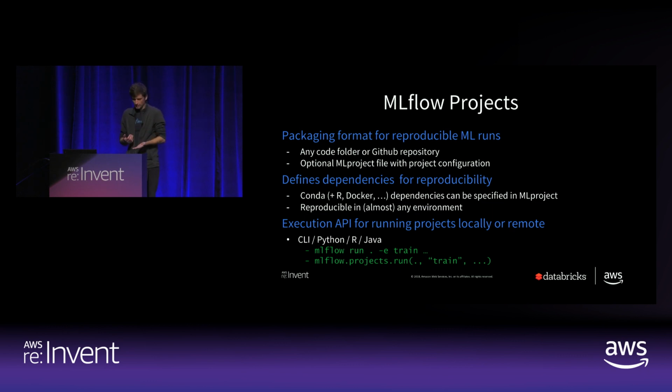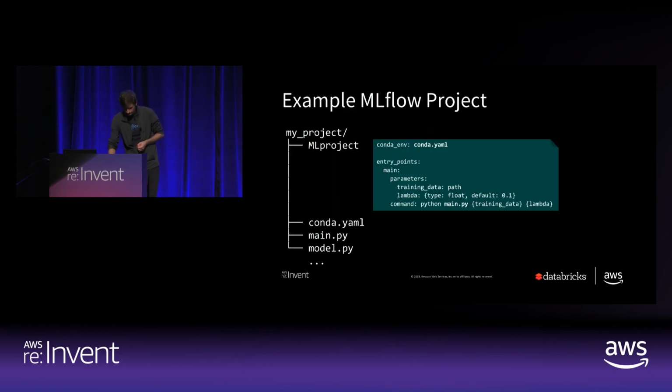And then, as I mentioned before, on top of all this, we have these APIs which allow you to run it in different environments in different way. So we have a CLI where you can execute projects from the command line. We have clients for Python, R, and Java, which allow you to execute the projects directly from the source code.